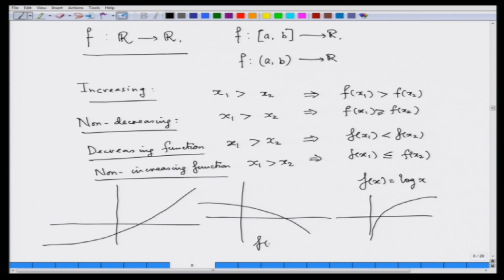Or if you take its inverse, f of x equal to e to the power x, that sort of function is also an increasing function. So, this is the graph of e to the power x, y equal to e to the power x, and there is the graph of log x. These types of functions are very important, and they play a fundamental role in calculus, and that is exactly what we are going to talk about.